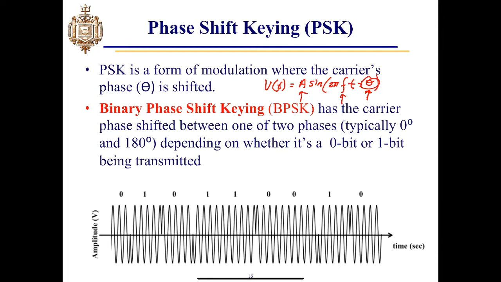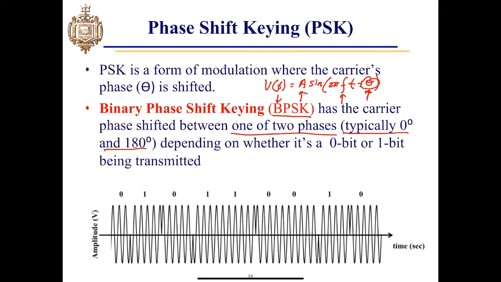Binary phase shift keying, BPSK, has a carrier phase shifted between 2 phases. Typically we use a 0 degrees phase and a 180 degrees phase. Binary meaning 2, we have 2 different phases we're shifting between.